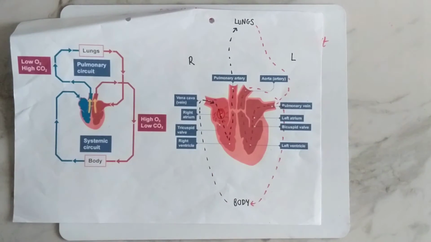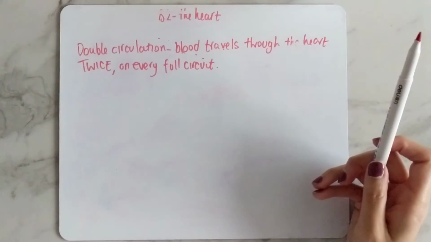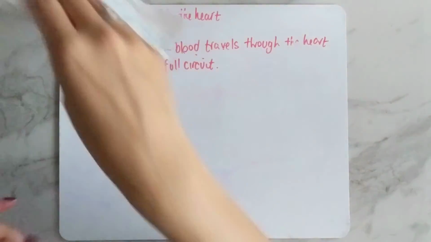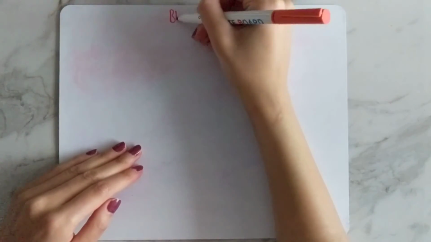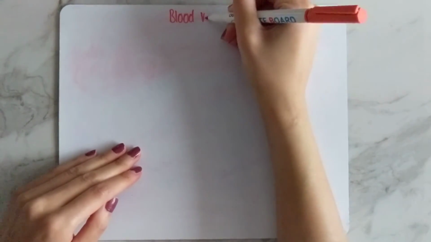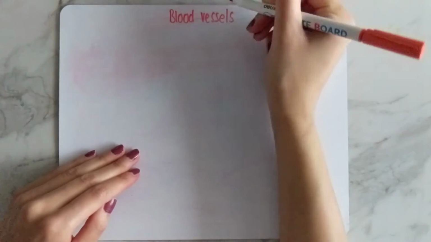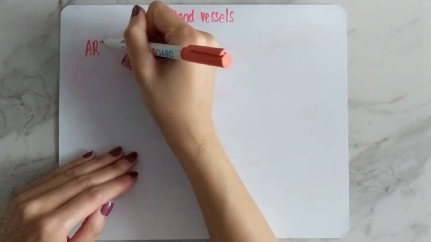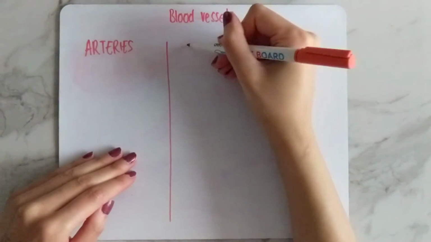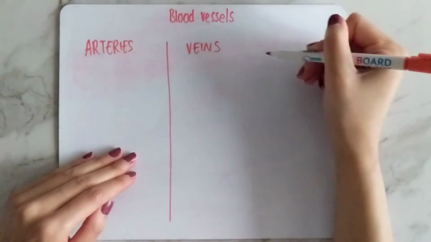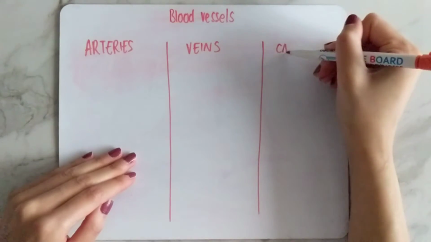So let's go on to these blood vessels then. There's three main ones that you need to know, and they often ask you to compare them. So blood vessels are just what carries blood around. Arteries is one, veins is another, and then you've got capillaries.